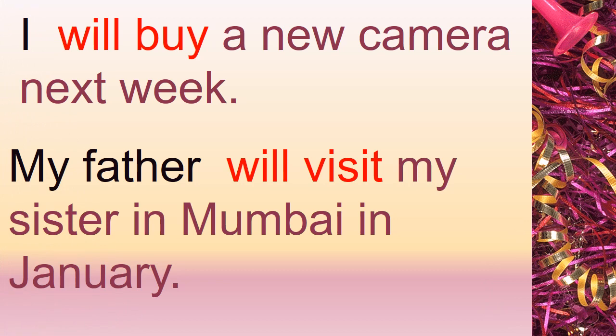Look at these examples. I will buy a new camera next week. My father will visit my sister in Mumbai in January. These examples tell us that the action has not yet happened and will take place later.